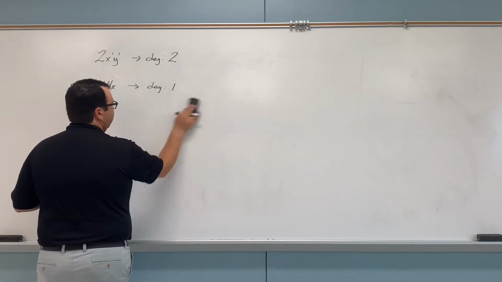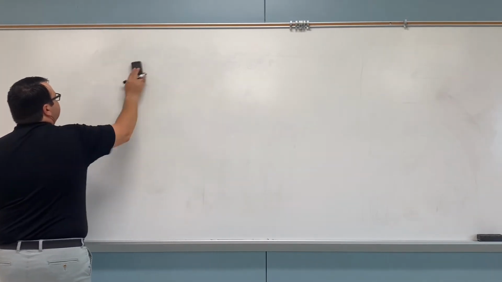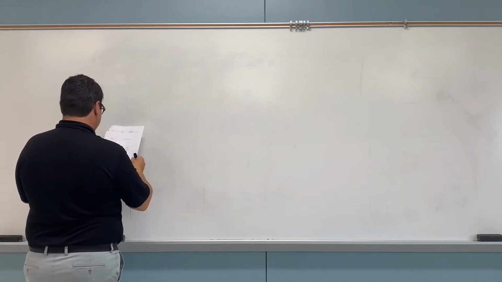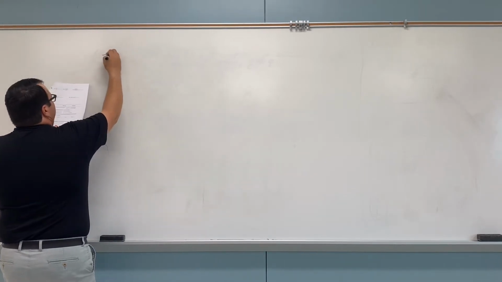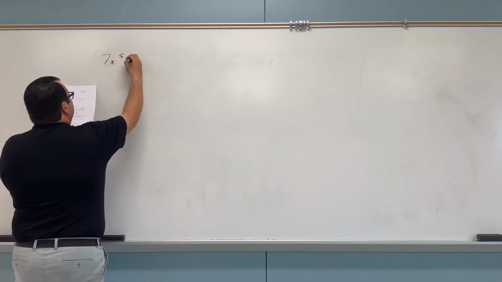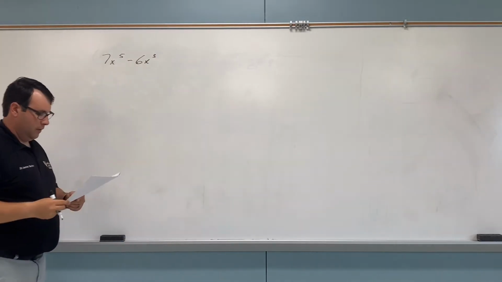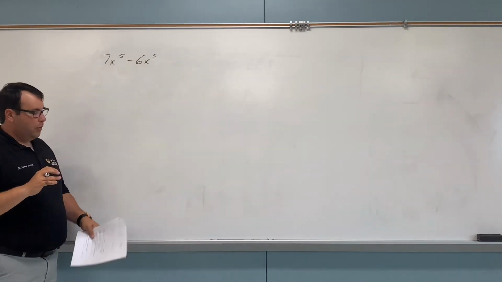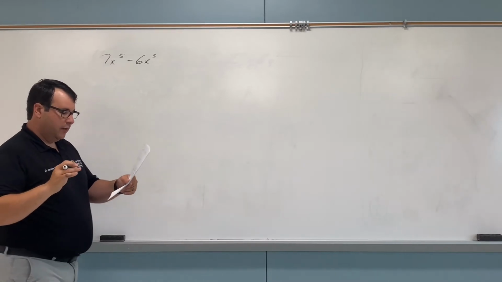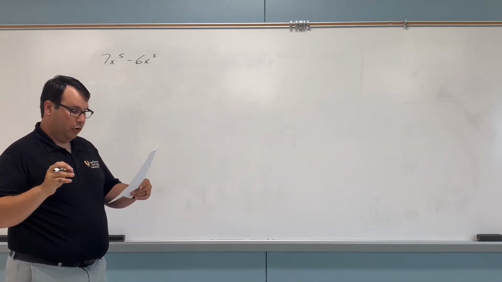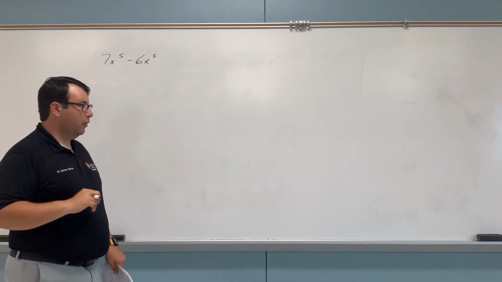Now let's go into our degree of a polynomial. If I were to look at 7x to the fifth minus 6x to the third, the question that I would get is find the degree of the polynomial.